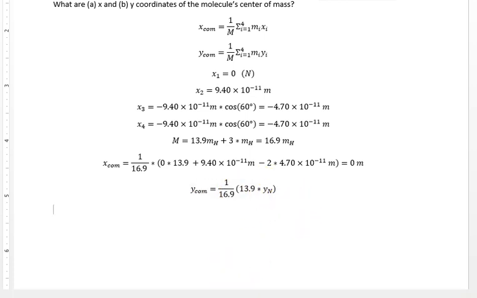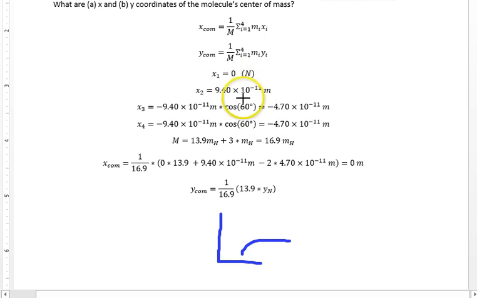So where's the nitrogen? Well, if you look in the y plane, what do they tell us? We still have this 9.4 angstroms, times 10 to the minus 11th meters.